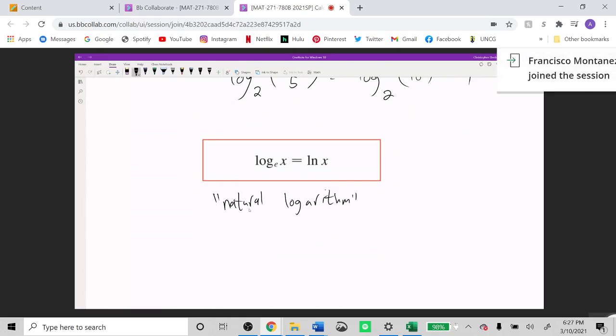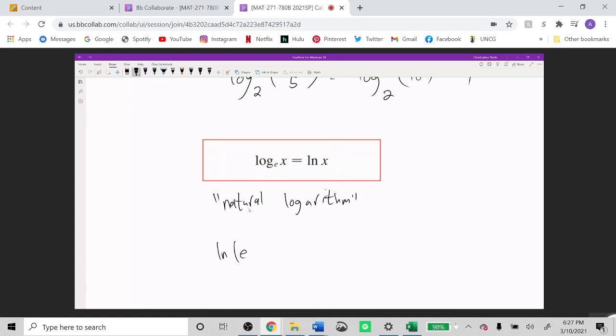The natural logarithm is the inverse of the exponential function e to the x, right? This means that natural log of e to the x is x for all x that are in the real numbers, and that e to the power of natural log of x is equal to x for all x greater than 0.